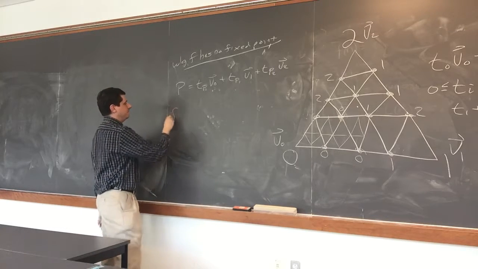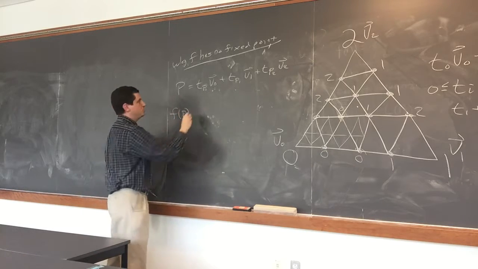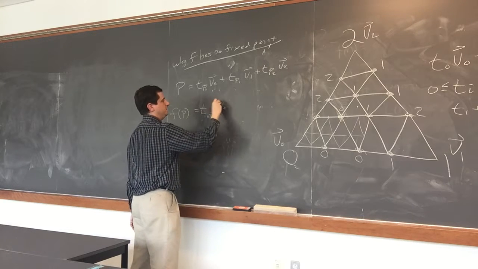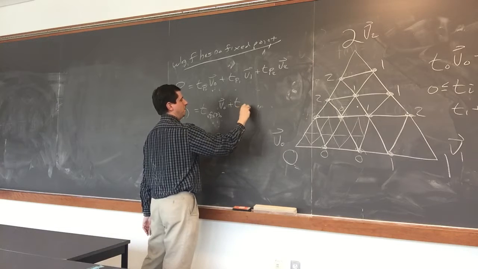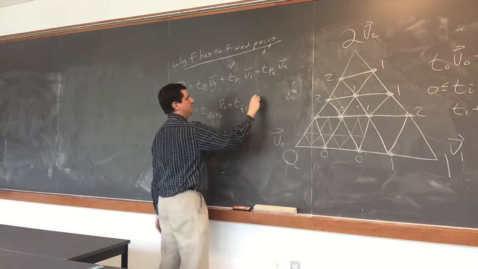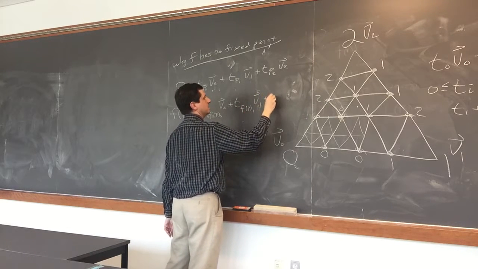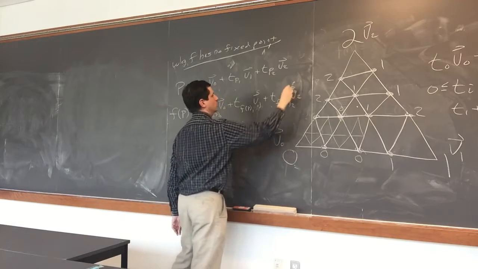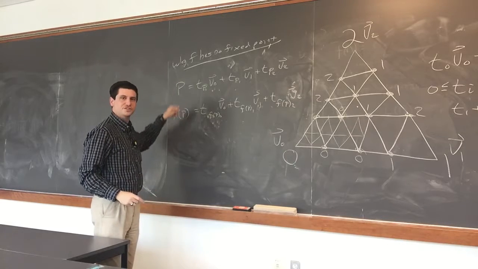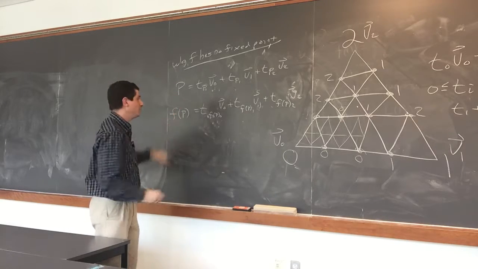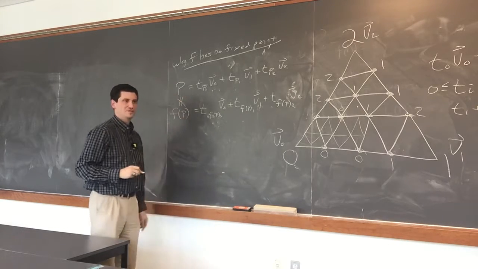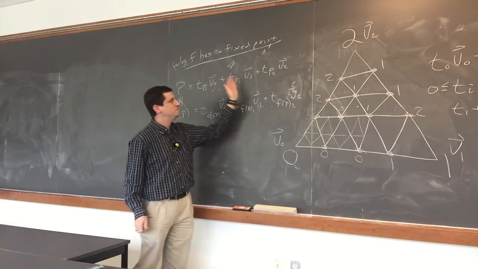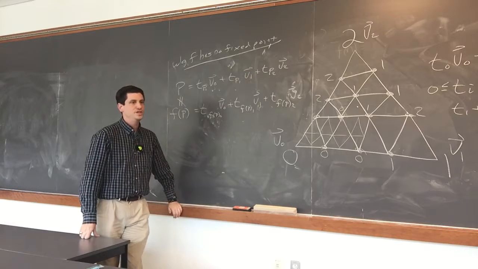And then I have f of P, which I can write as T f of P0 V0 plus T f of P1 V1 plus T f of P2 V2. What do we know about these 2 points? They're not equal, because if they were equal, f would have a fixed point. So if they're not equal, there must be a first index where they differ.